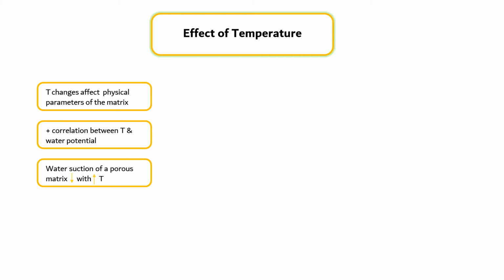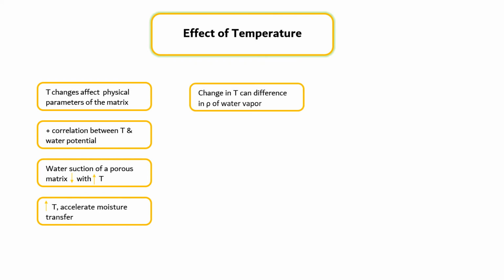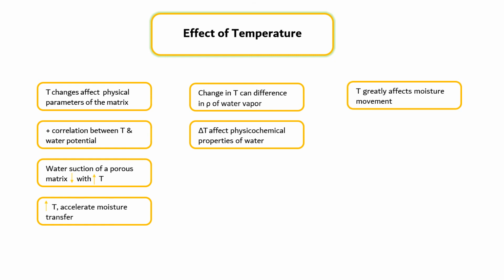Preliminary studies showed that with an increase in temperature, moisture transfer accelerated. The changes in temperature can also cause differences in the density of the water vapor and subsequently cause the movement of water vapor. In addition, temperature variations will affect some physicochemical properties of water, such as viscosity, density, surface tension, and so on, which affect the water potential and water movement.